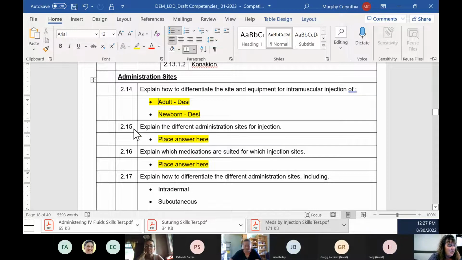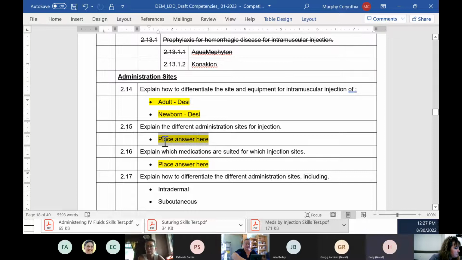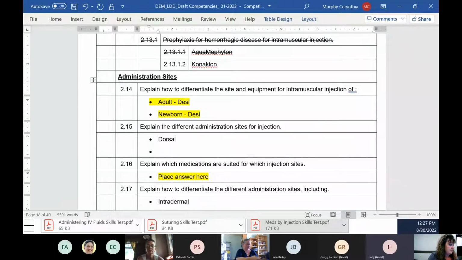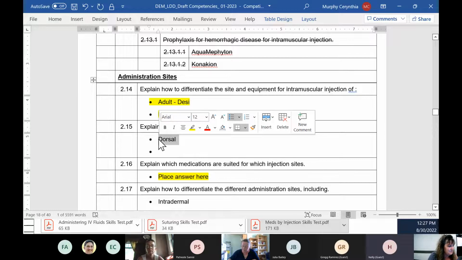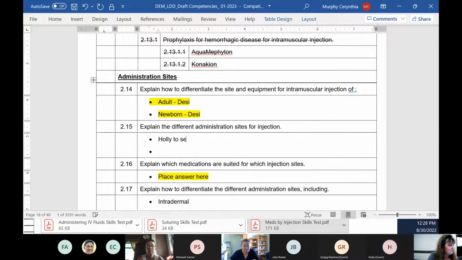Okay, so what about 2.15? There are 4 basic answers to 2.15: dorsogluteal, ventrogluteal, deltoid, and whatever the other one is, vastus lateralis, which I can send you, or any of us can send you. But 2.16, that is not a thing.